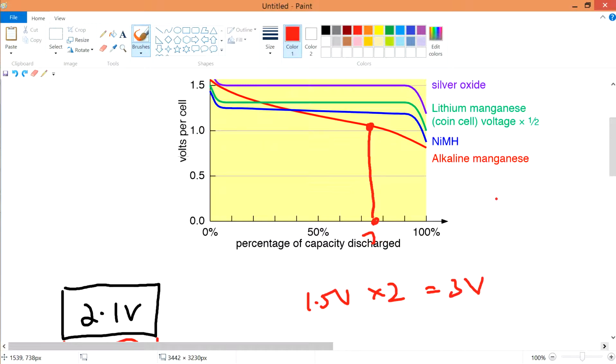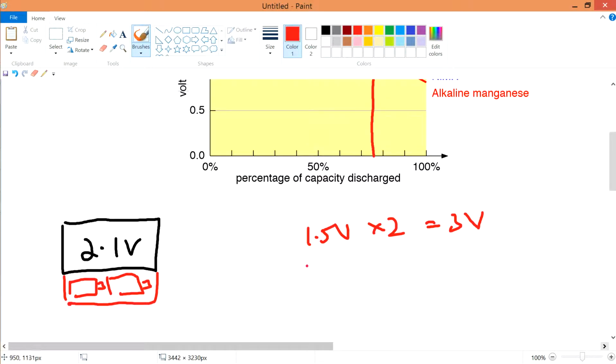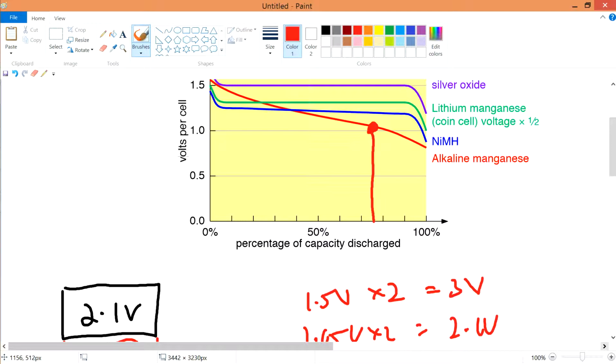So the last bit before it fails, before my product actually turns off, is 1.1 volt times 2, which is about 2.2 volt, sorry. I should say maybe 1.05 volt, times 2 is about 2.1. So at this particular 75% is approximately 1.05 volt, correct? As the graph has shown you.